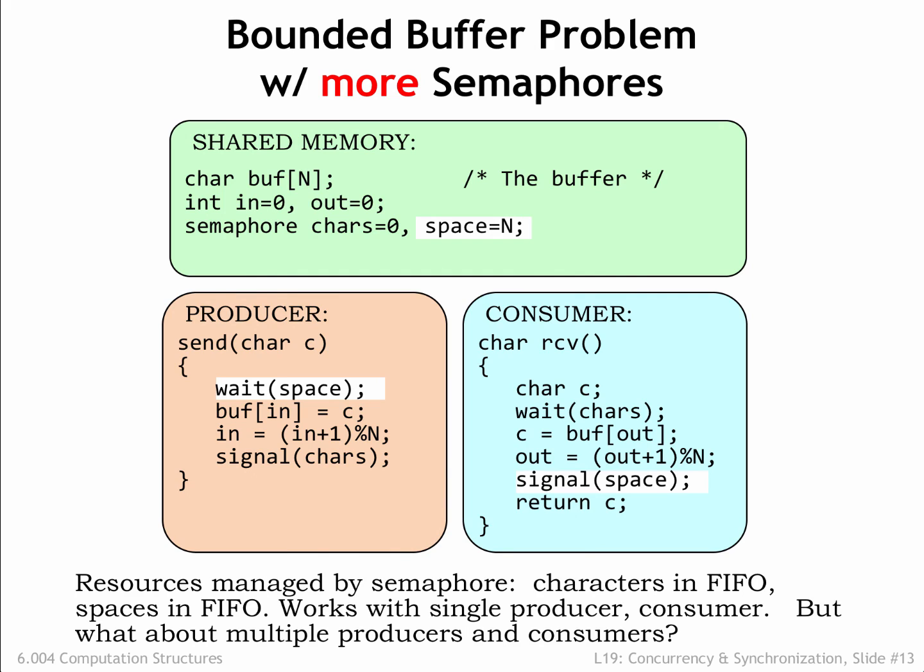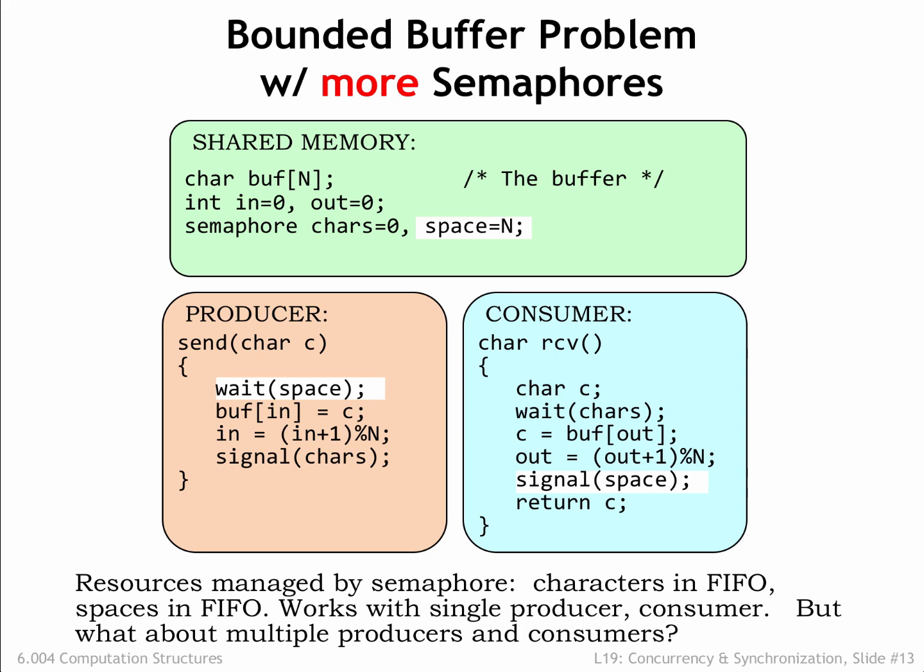Initially the buffer is empty, so it has n spaces. The producer must wait for a space to be available. When spaces is non-zero, the wait succeeds, decrementing the number of available spaces by 1, and then the producer fills that space with the next character. The consumer signals the availability of another space after it reads a character from the buffer.